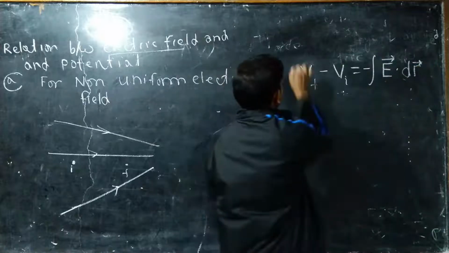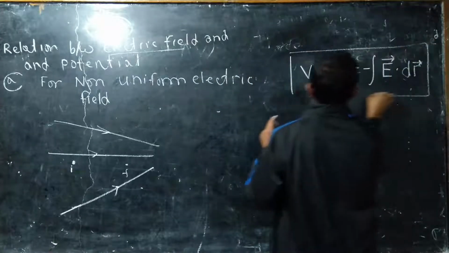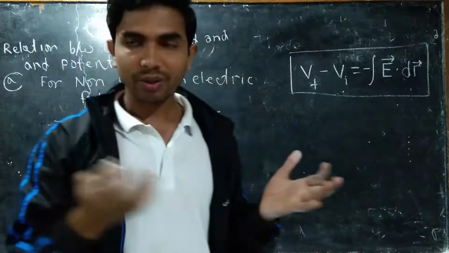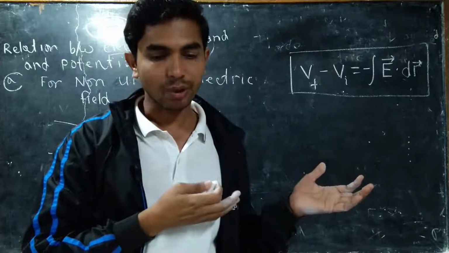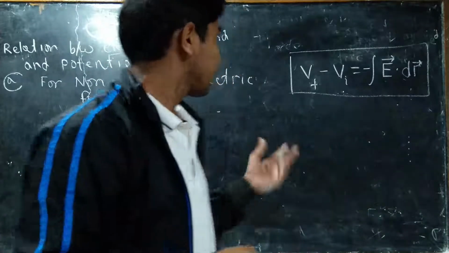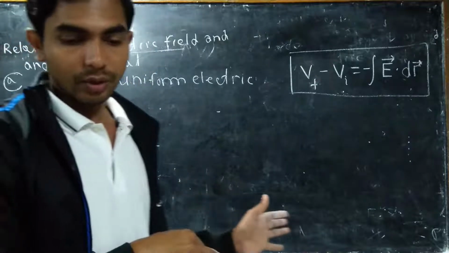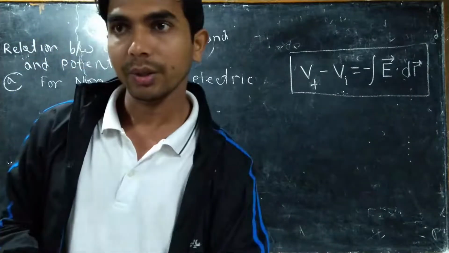So this relation is for non-uniform fields, so just try to remember it. Some more relations I'm going to write, so first you write this one, and then I will discuss that one.